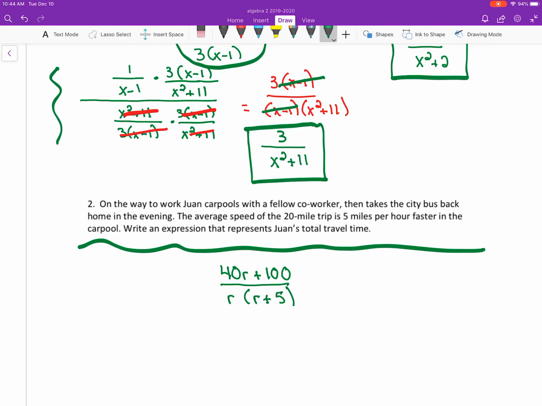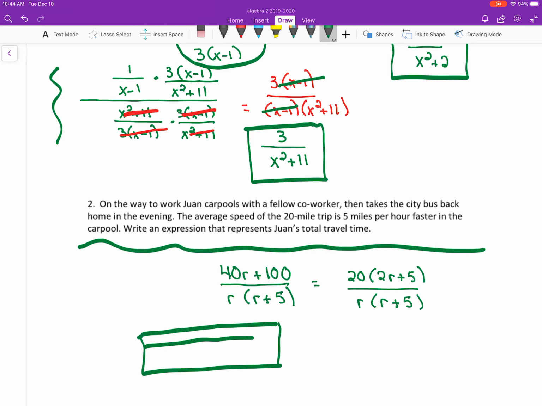So you can check that out and see if you get it. You could also have this in factored form, 20 times 2r plus 5 over r times r plus 5. So nothing cancels, but that's where you make the table, do distance equals rate times time, just like I did before, and you should end up with something similar.